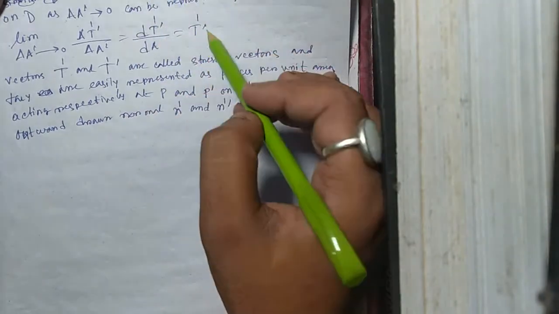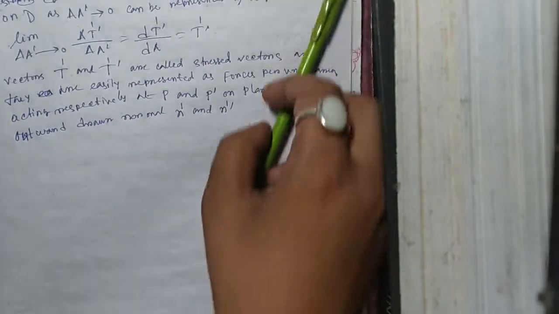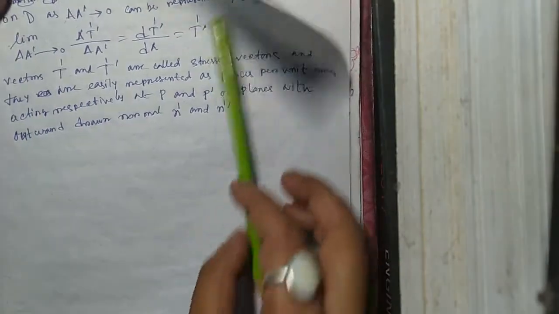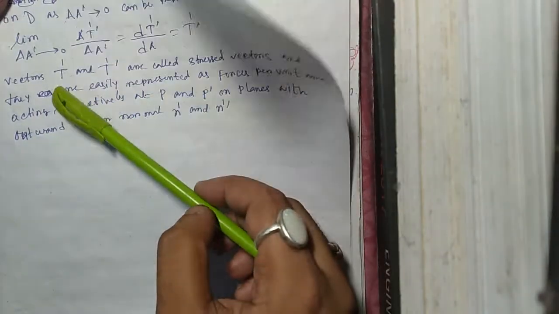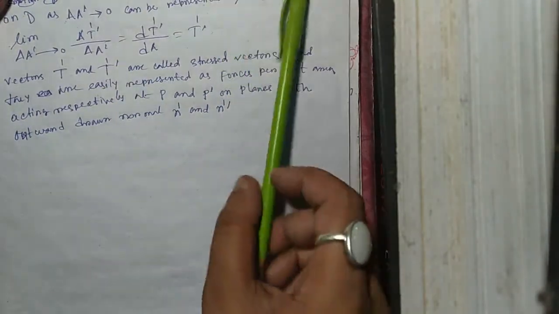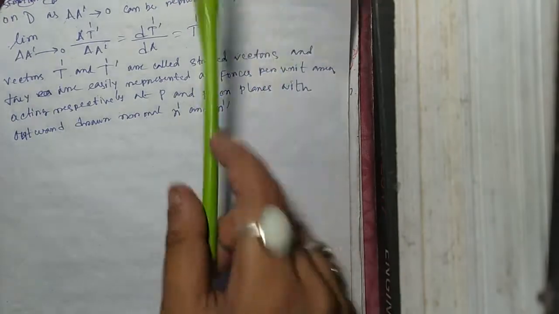So T1 and T1 dash are called stress vectors.